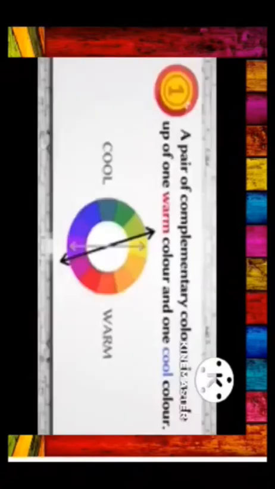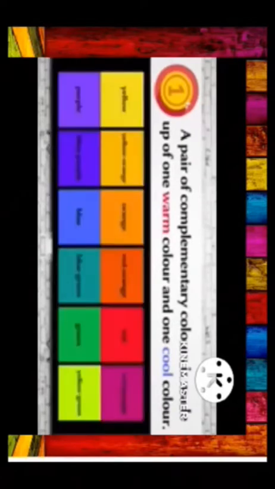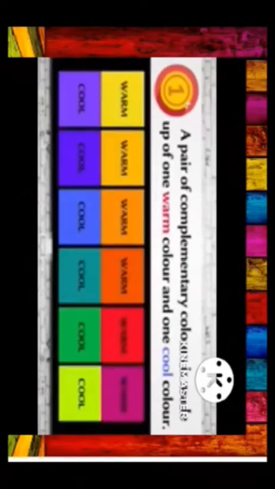They are better together. Here's how. A pair of complementary colors is made up of one warm color and one cool color. For example, yellow is a warm color and purple is a cool color. No matter the pair, one color will always be warm and the other will be cool. These colors have opposite temperatures. This creates high contrast. Let's take a look at the basic complementary colors.